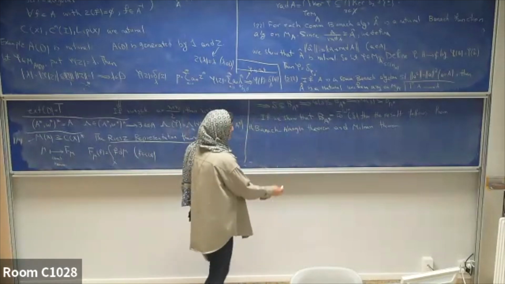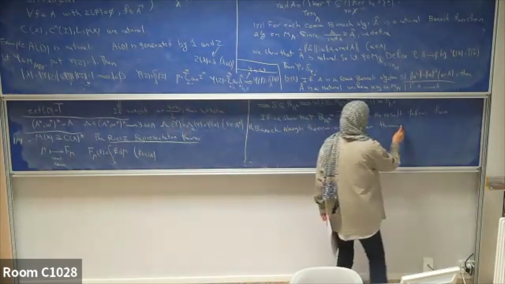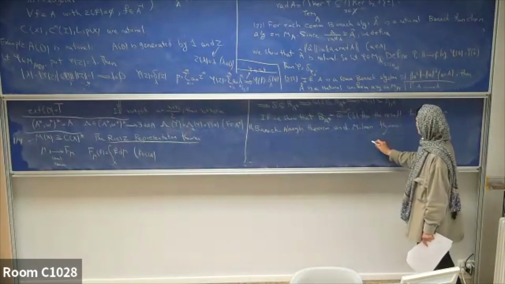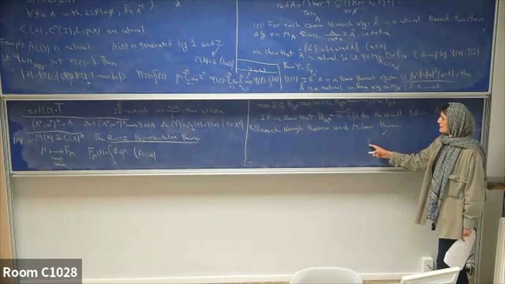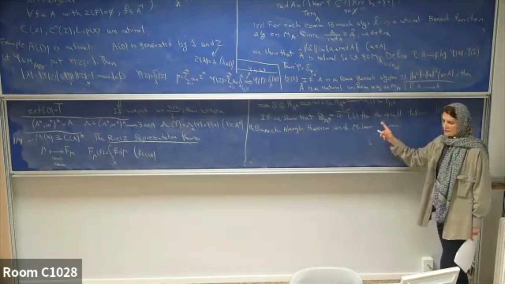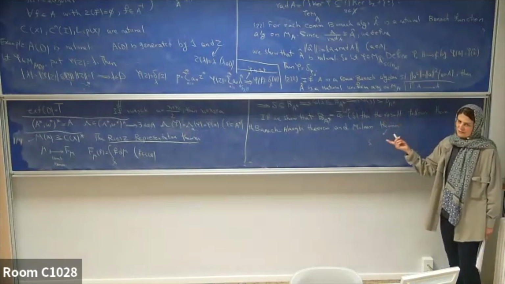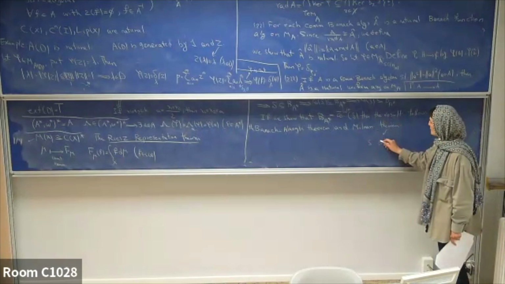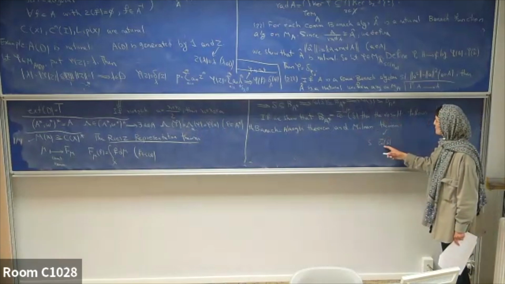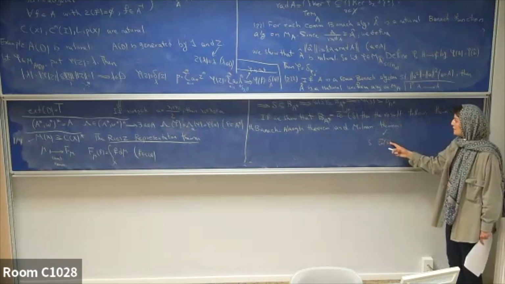Because actually the Milman theorem says that if S is a compact subset of a locally convex space, here for example A star with the weak star topology, and the closed convex hull of S is also compact, then we have it. We have it before, we have it here.